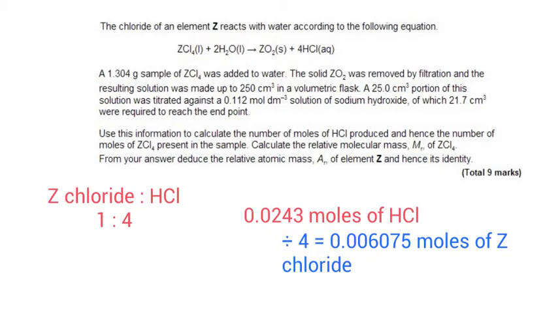If we take this ratio into consideration, that means if we have 0.0243 moles of hydrochloric acid, to work out how many moles of Z chloride there would be using the 1:4 ratio, you need to divide by 4. That gives us, based on that ratio, 0.006075 moles of Z chloride.